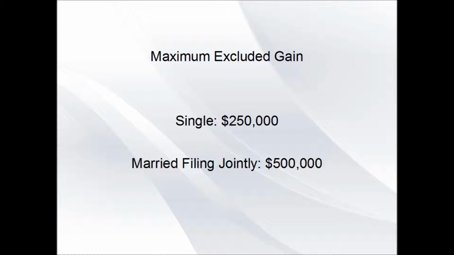For a single taxpayer, if they are qualified for both tests, the maximum excluded gain of the sale is up to $250,000. For a married couple filing jointly, taxpayers are qualified for up to $500,000 of tax exclusions.